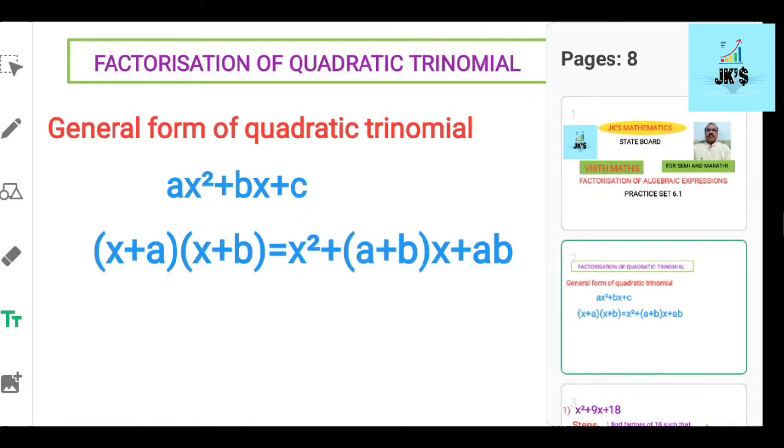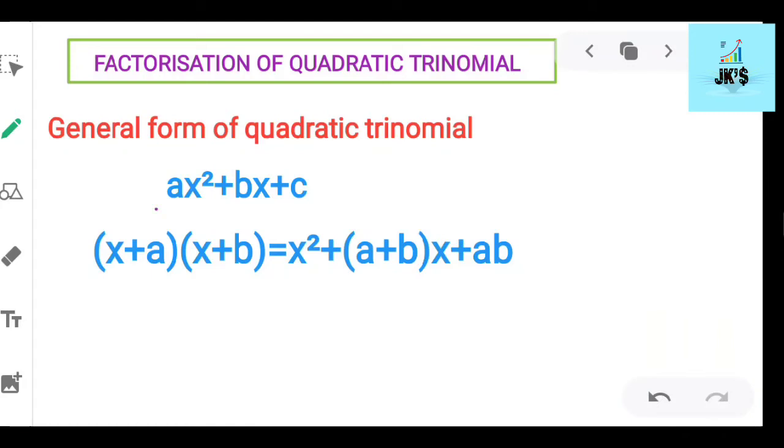The general form of the quadratic trinomial is ax square plus bx plus c, where a, b, c are any real number and x is a variable.